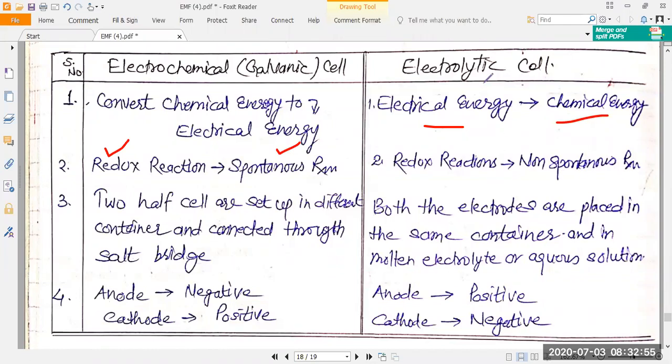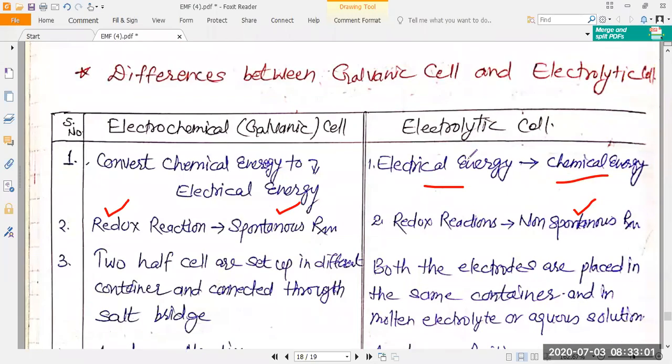In electrolytic cells, the redox reactions are non-spontaneous, meaning we have to supply electrical energy, and then electrical energy is converted into chemical energy. So in an electrolytic cell the reactions are non-spontaneous, but they are redox reactions. In electrochemical or galvanic cells also, the reactions are redox reactions.